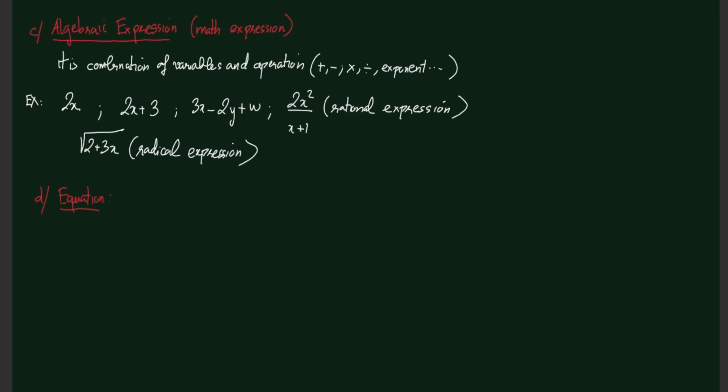What if I have two expressions like 3x minus 1 and 4x plus 3, and between these two expressions I put the equal sign? So what I just did is create an equation. Okay, so this is the equation.